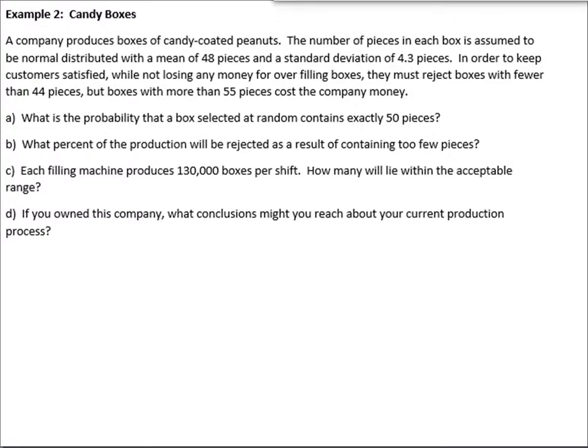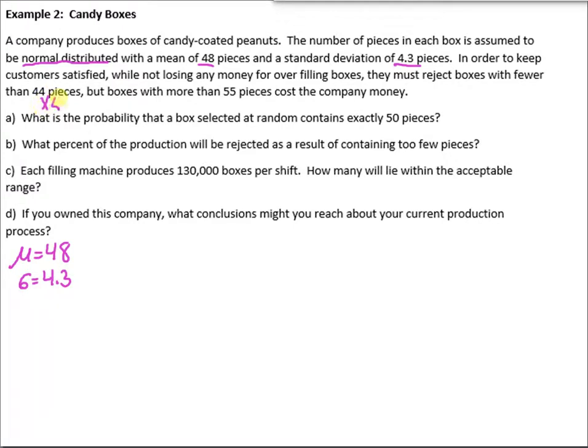A company produces boxes of candy-coated peanuts. The number of pieces in each box is assumed to be normally distributed, with a mean of 48 pieces per box and a standard deviation of 4.3 pieces. In order to keep the customer satisfied while not losing money by overfilling boxes, they must reject boxes with fewer than 44 pieces.